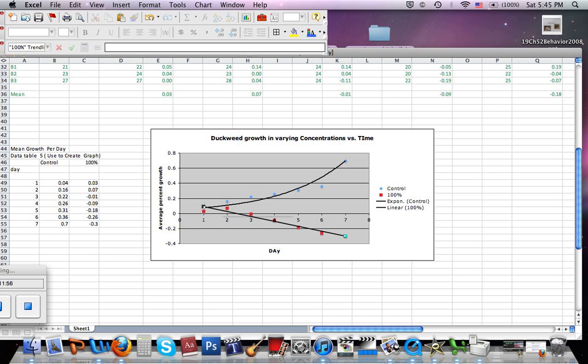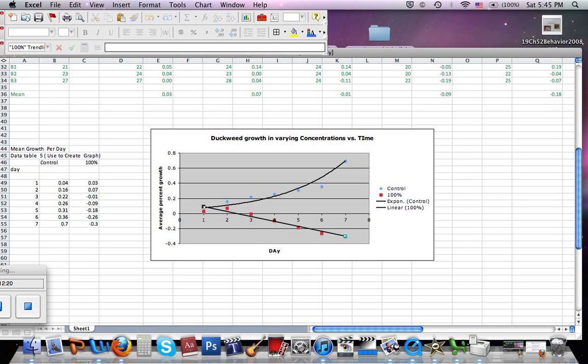So you guys can clean up your graph as well, making sure you have units there. We'll have to say average growth, average change of growth, maybe instead of percent, or if you wanted to change these to percents, you could do that, and then your units here would be 80%, 60%, 40%.